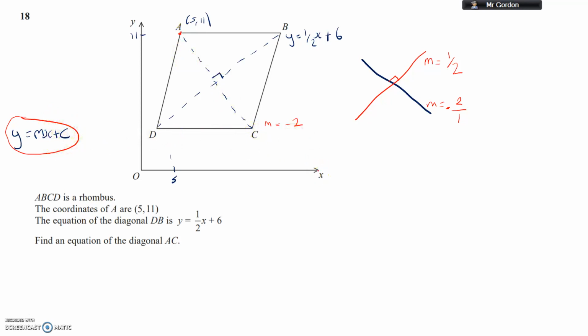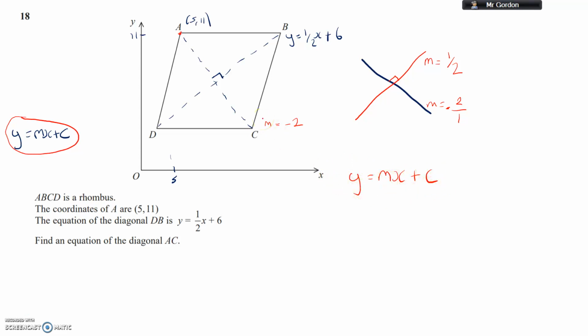There is another way to do this that's more A level, and we're going to show you the GCSE way. Just start with the formulas that I would expect you to know. If you know that y equals mx plus c is the formula for a straight line, you can see an example: y equals a half x plus 6.